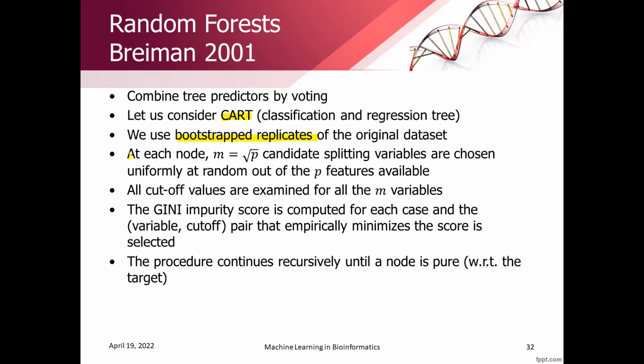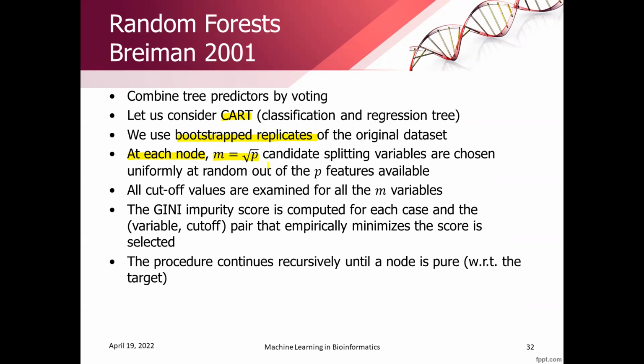And at each node, when we build a decision tree, we usually consider all possible attributes for a node, whether this attribute can be used for splitting the data, so for creating some query on the attribute. But in random forest, we usually select only some subset, for example, of size m equal to square root of p, where p is the set of possible attributes.